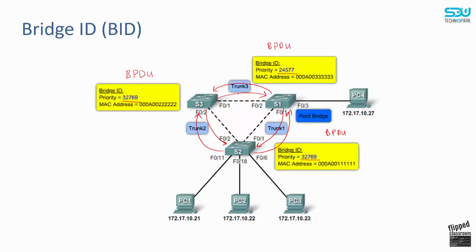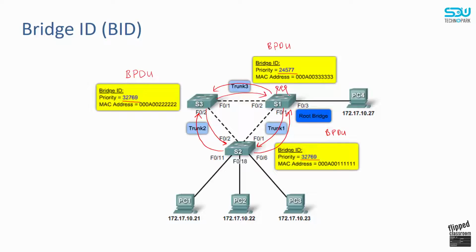At the end they make a comparison, and whose bridge priority BID value is lower, that switch is going to be elected as the center, as the king switch.